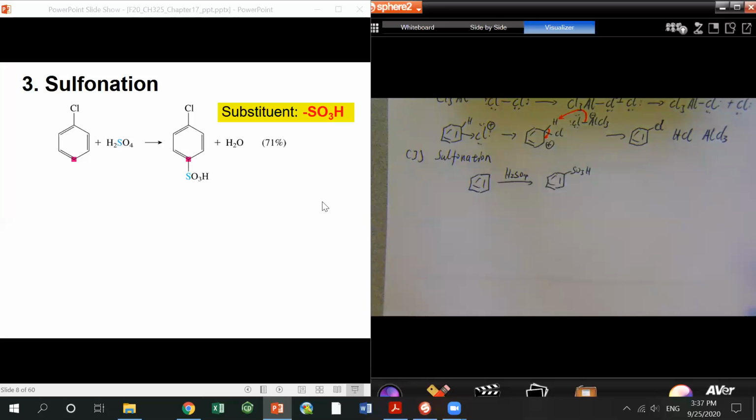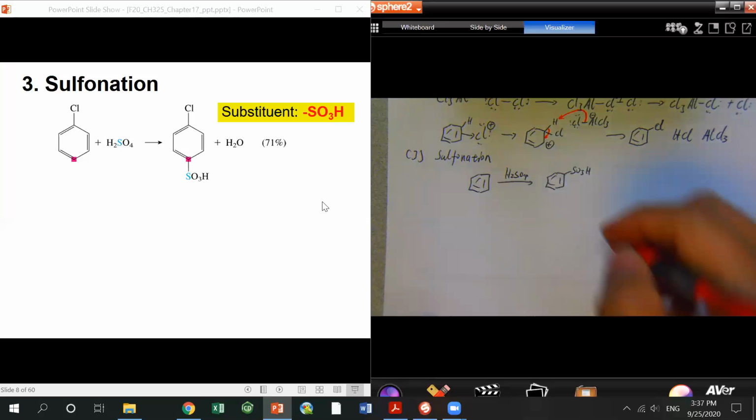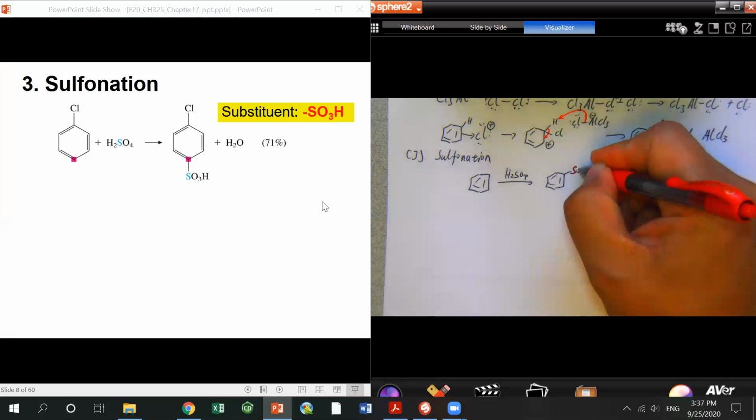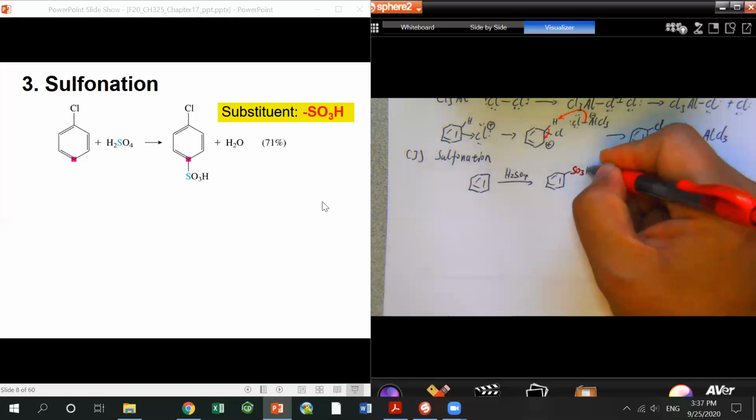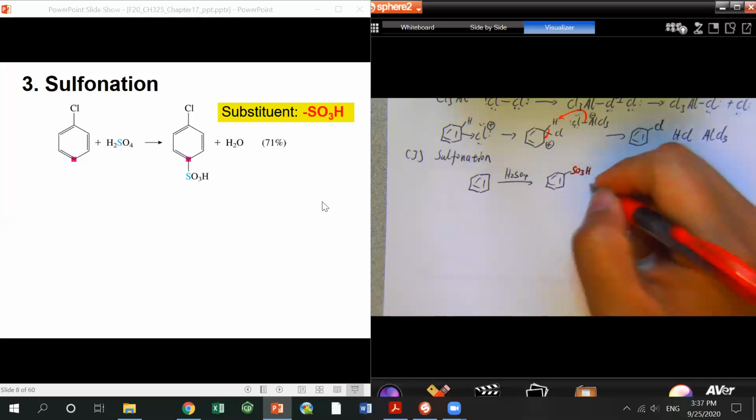For this reaction there is a common mistake. It looks pretty easy, but students don't remember what to put on the benzene ring. Keep in mind you put on SO3H, which is called a sulfonic group.